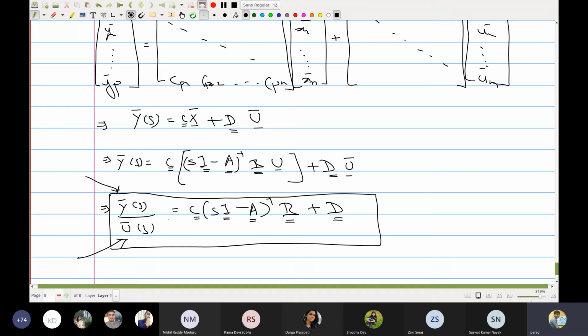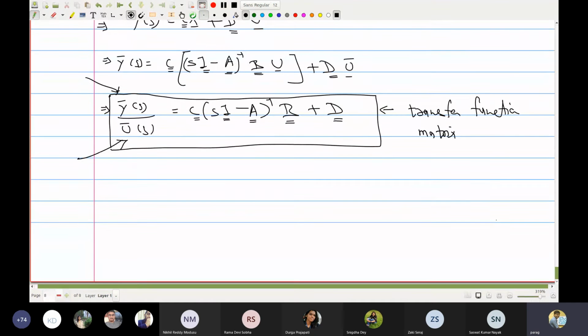So this is nothing but the transfer function. But what kind of transfer function is this? This is a transfer function matrix.